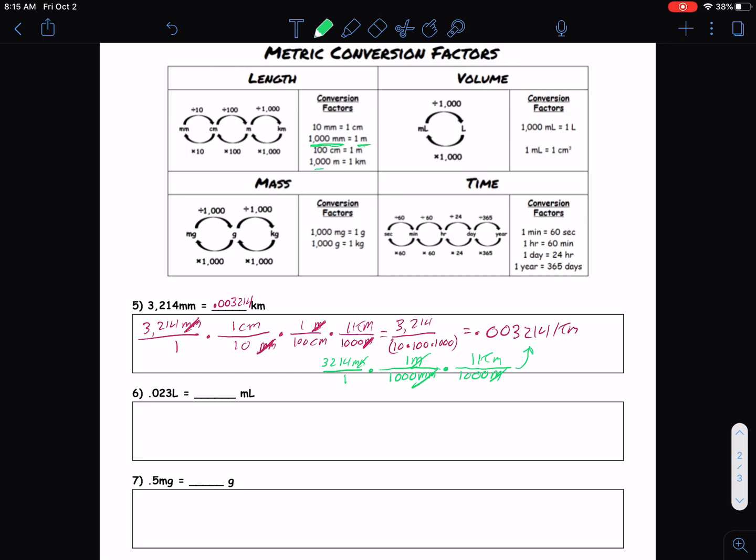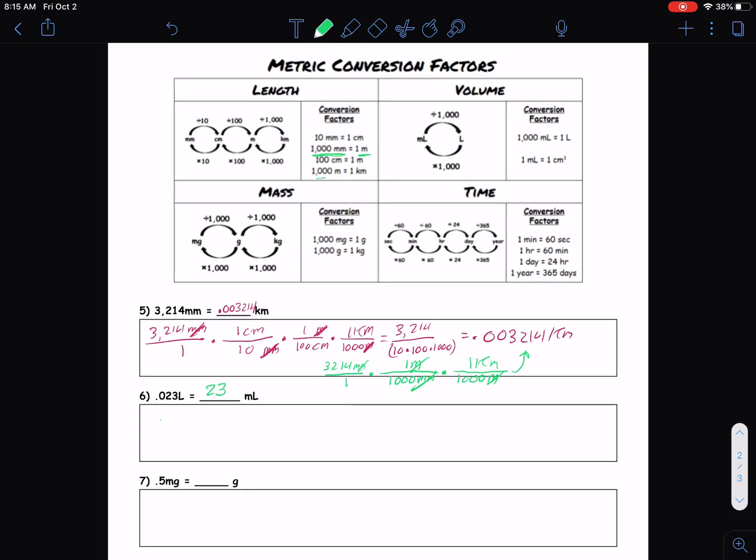How many milliliters are in 0.023 liters? The correct answer would be 23. And we get that by 0.023 liters, set it over 1, multiply by our conversion factor of 1, and you get 1 liter equals 1,000 milliliters, according to the conversion factor right here.